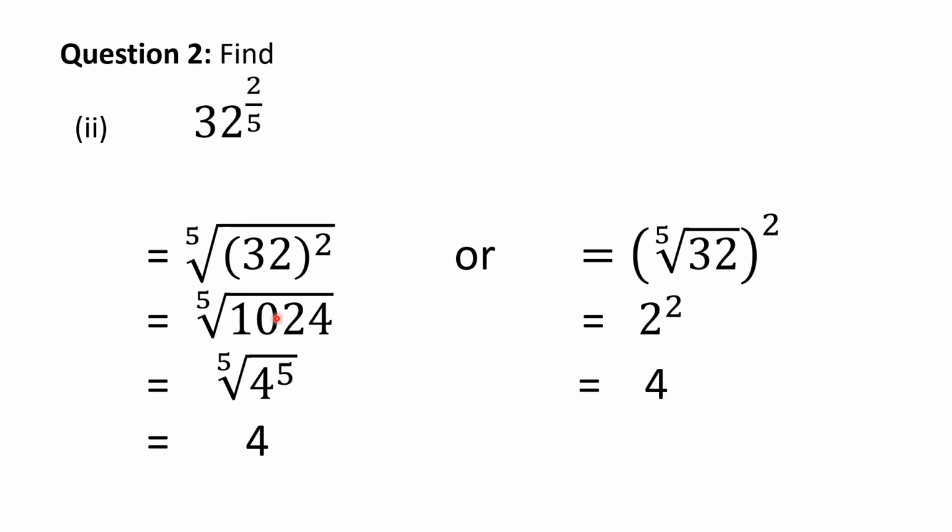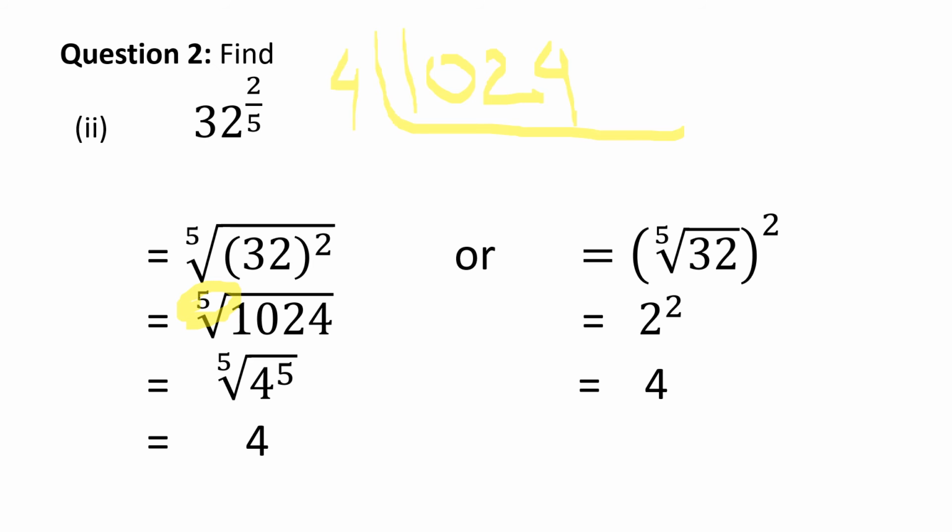Now 1024 fifth root. So I have to factorize it. So I first factorize 1024. I take 4 or 2 or any number you want, you can take. If you take 2, it's going to be a little longer. If you take 4, it's going to be a little shorter, right? So we need 4 how many times? We need 4 five times because it's fifth root, right?